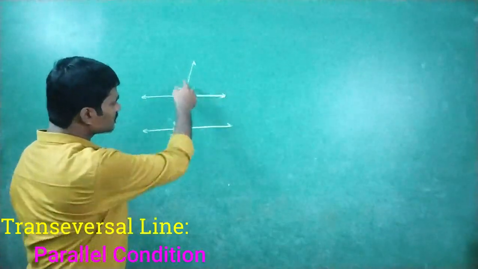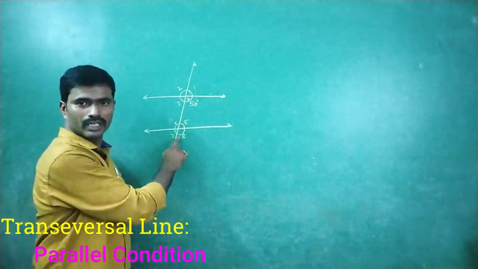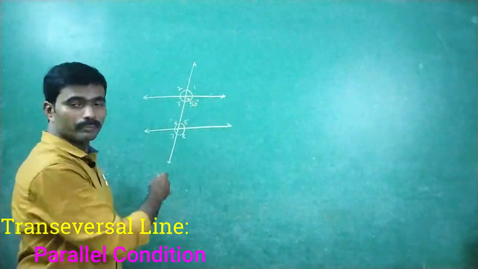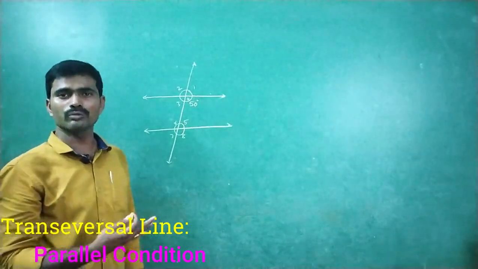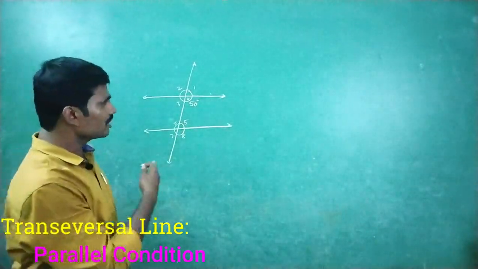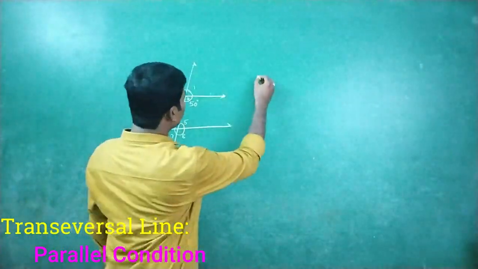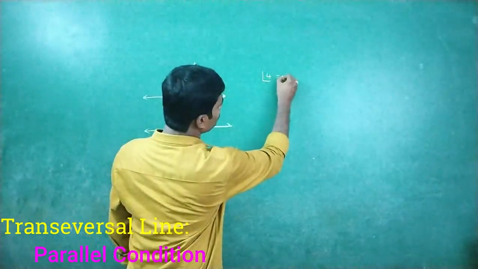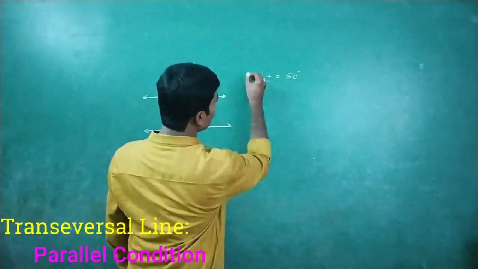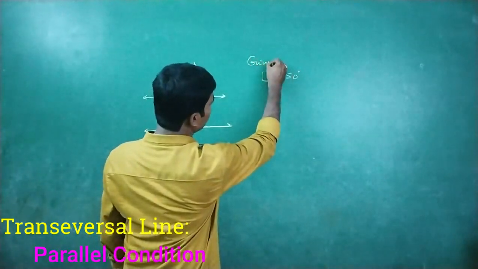If a transversal intersects two parallel lines, these two lines should be parallel; then only we can find the remaining angles. How can we check it? Suppose it is given that angle 4 equals 50 degrees. This is the given condition.